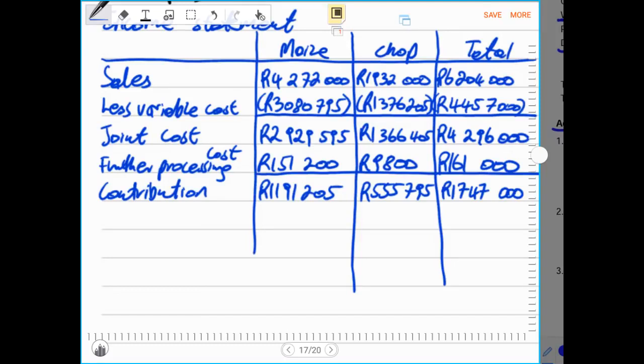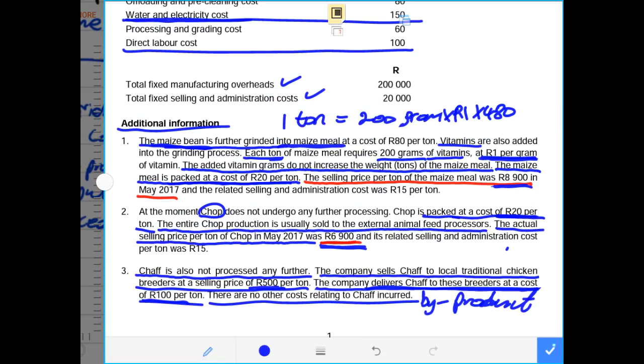Then after, we add our fixed cost, less fixed cost. Our fixed costs were given to us, and there were two of them.